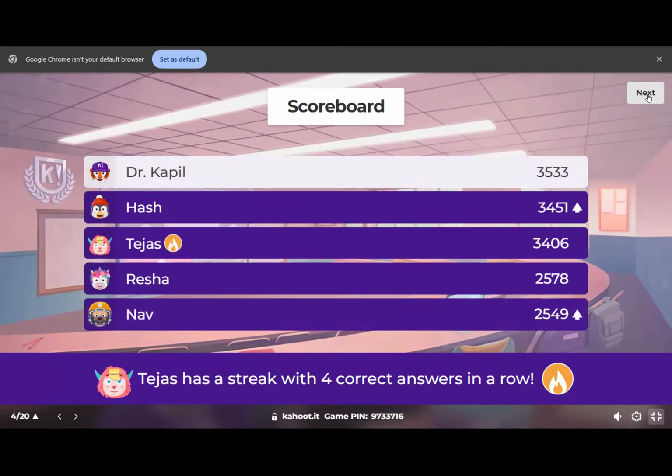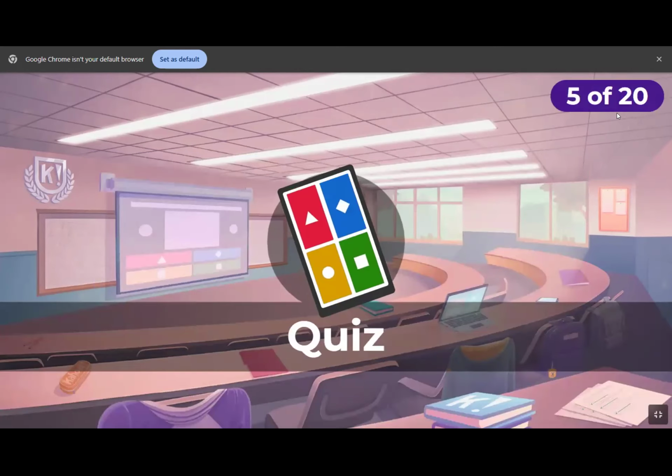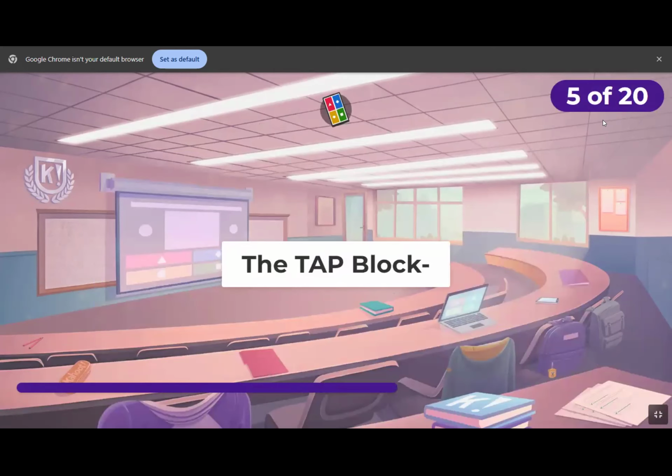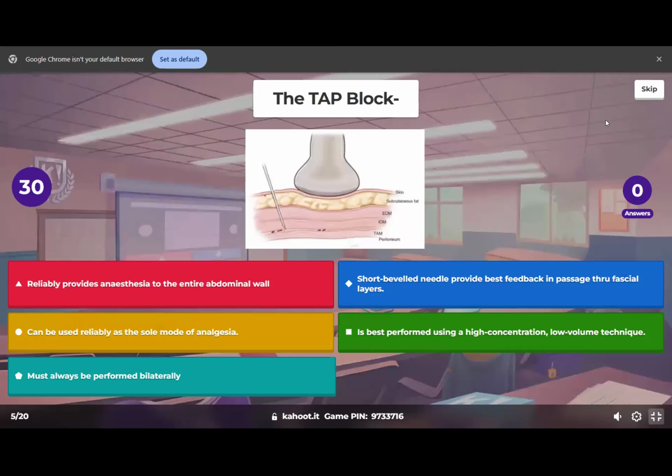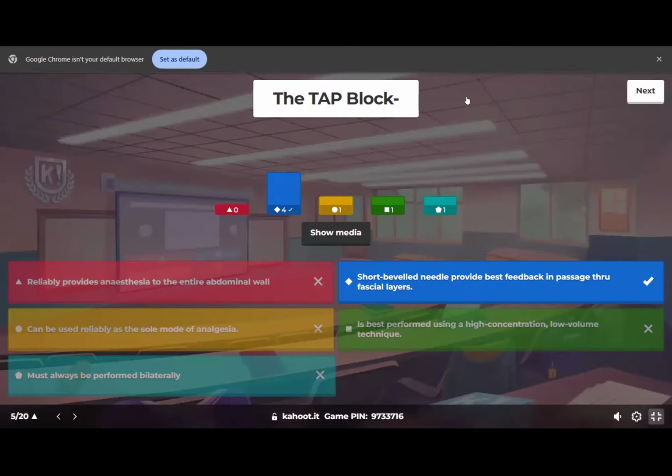We were talking about the triangle of Petit. A bit of confusion here.